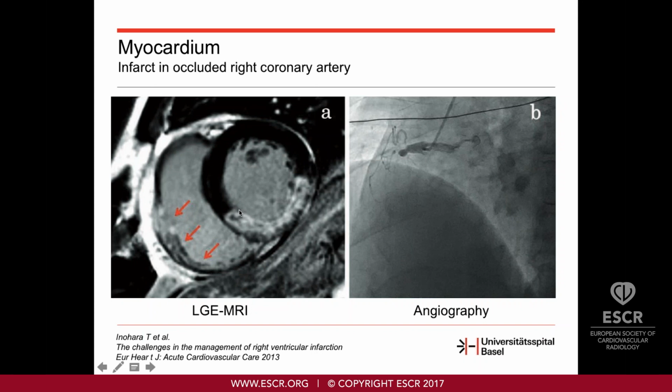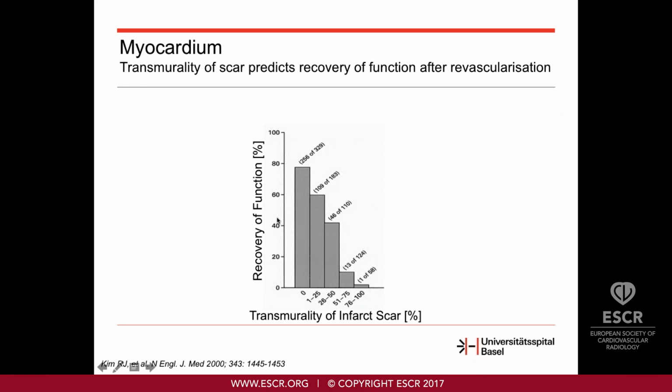Normal myocardium is black on these late enhancement images, as you see here, whereas infarction is bright, as you can see here, because of gadolinium uptake. We see infarction in the inferior wall of the left ventricle, extending to the inferolateral wall, and also the inferoseptal wall, as well as infarction of the posterior or inferior right ventricular wall.